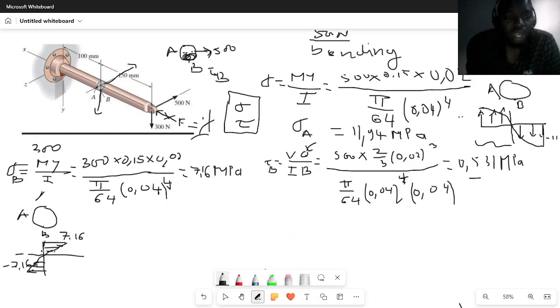Now, Mr. Koso, for the shear stress, guys, it will be the shear stress of A. If you understand the story, if I'm here, my shear stress will have an effect of A. That's why I'm calling it shear stress of A. So now you have V, Q, I, B. Now guys, just this because we are solving and explaining. During your test, if you want to write it nicely, do you understand what I mean?